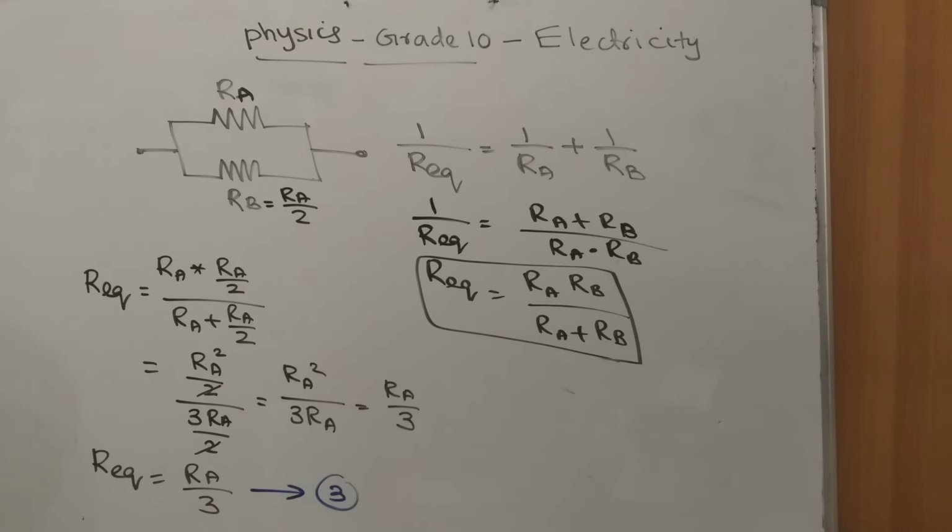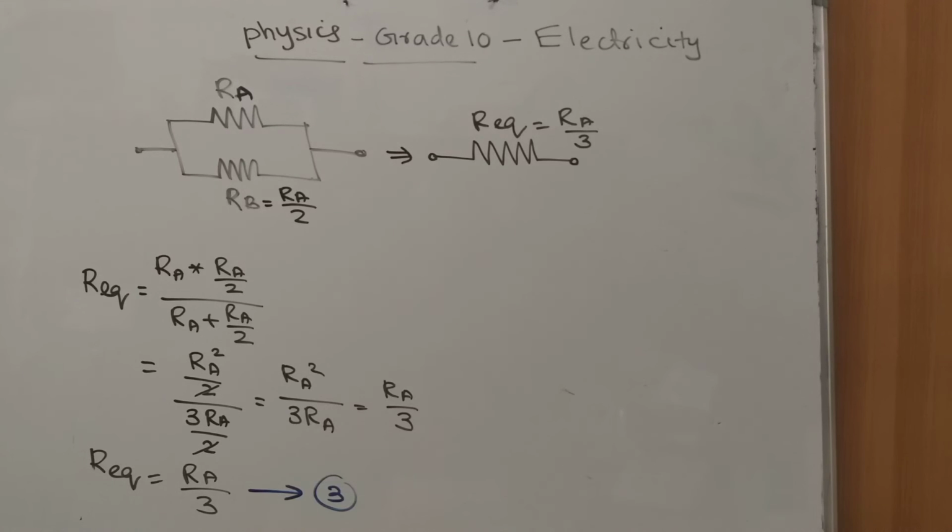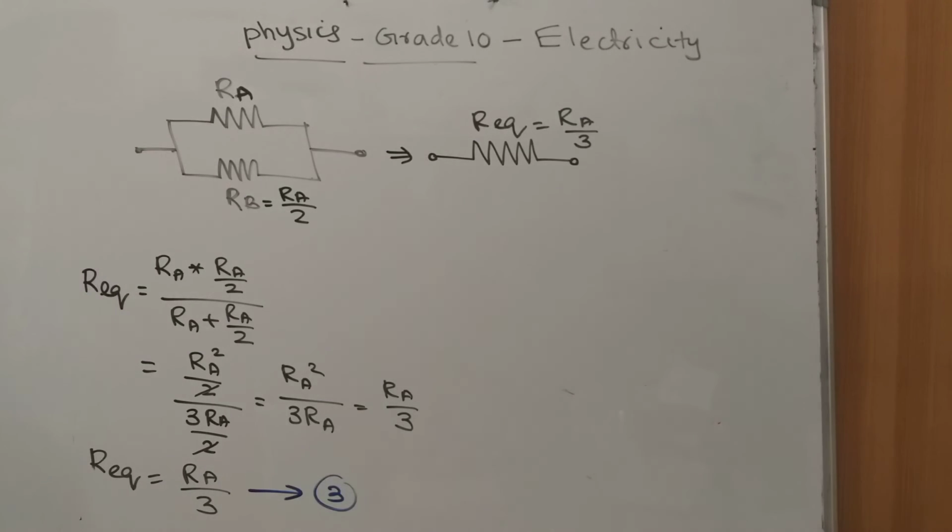Some common terms cancel, and we get RA square divided by 3RA, so R equivalent is equal to RA divided by 3. Now we can redraw the diagram using a single resistor, the R equivalent, which is RA divided by 3.